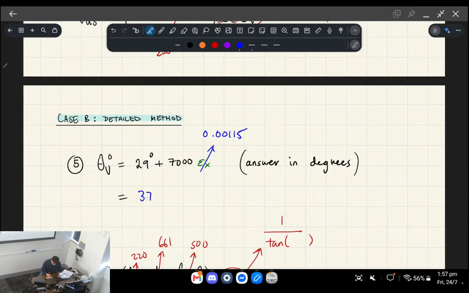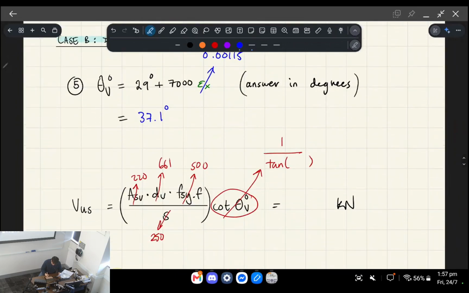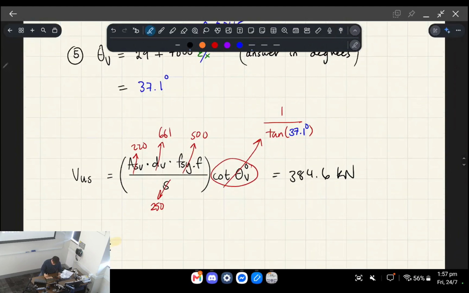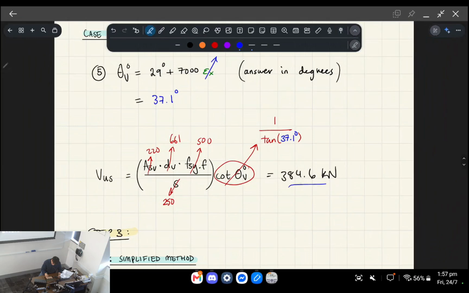So the answer is 37.1 instead of 36, right? All these other things stay the same, except we plug in 37.1 degrees into cotangent. That's the only difference. And that gives us 384.6 kilonewtons, all right? So this answer is only slightly different from the simplified method.